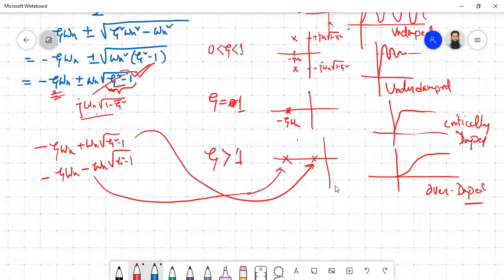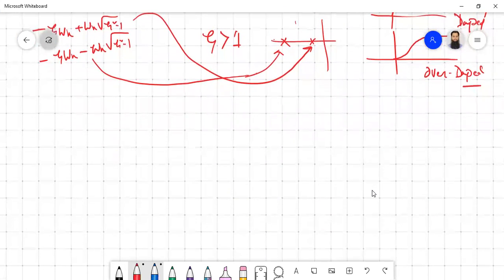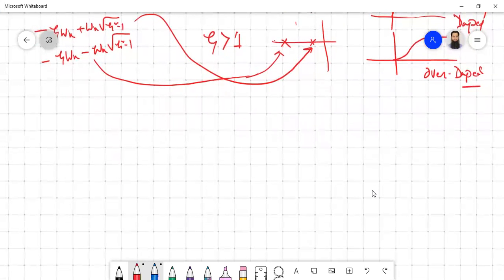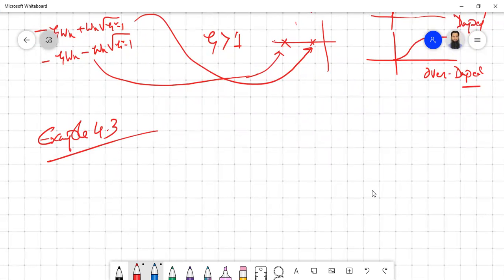Okay, so let us look at one example, example 4.3. What was given here is a transfer function G(s) equal to 36 by s squared plus 4.2s plus 36. Now we have to identify the value of zeta and omega n.